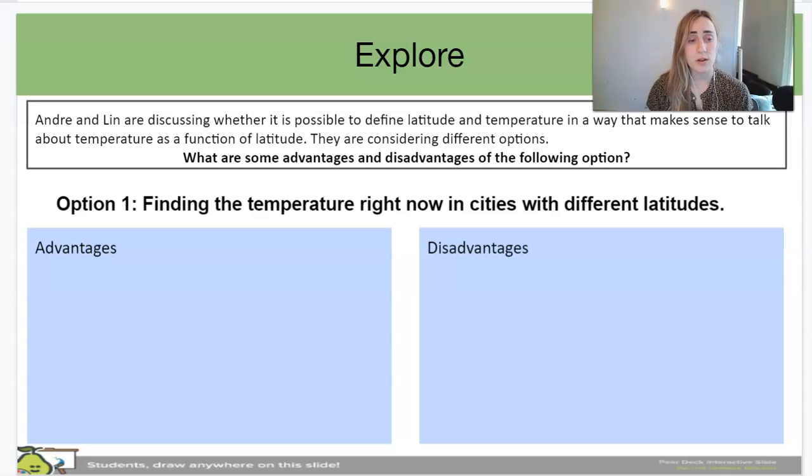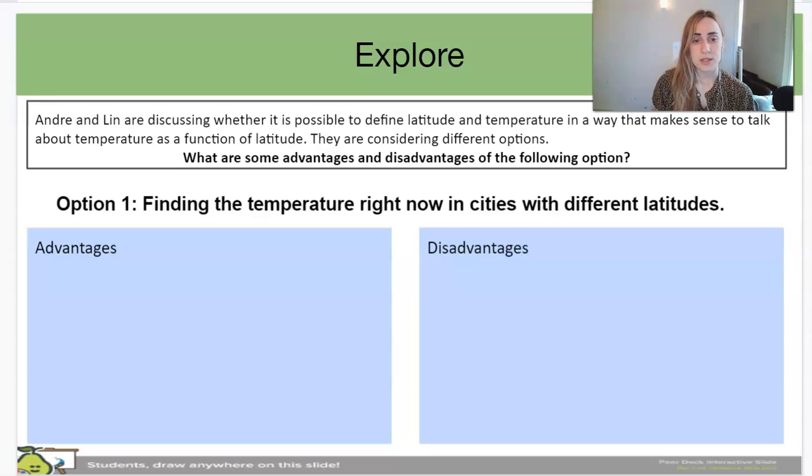So the order that we're expressing our thinking matters. So they're talking about temperature as a function of latitude. So consider, in that phrasing, what is our input, what is our output? Because knowing that definition, that a function assigns exactly one output to each input, is extremely important for deciding the advantages and disadvantages to each of our 4 options that we're going to look at.